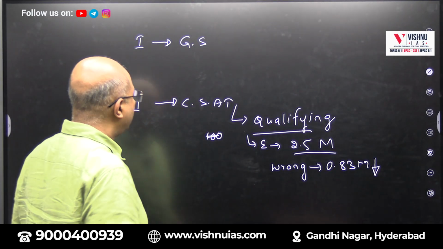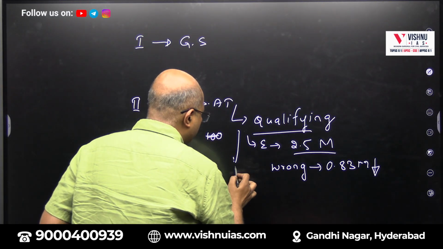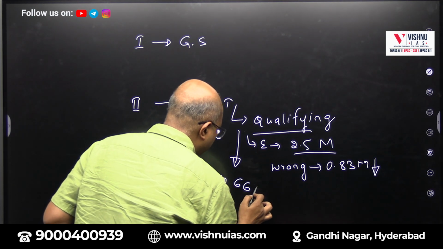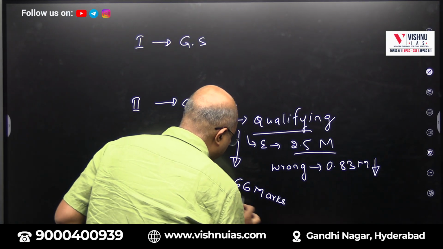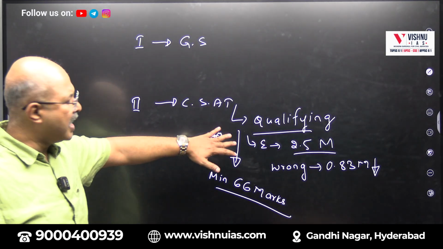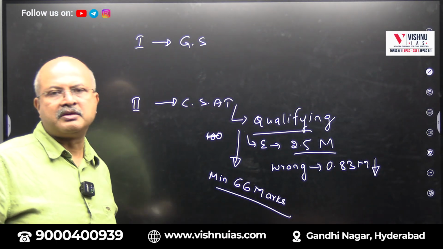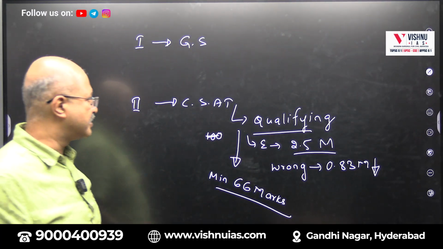Now to have your paper 1 evaluated, you have to score a minimum of 66 marks here. Even though the marks are not taken for merit, yet it is important for them to evaluate your paper 1, that is GS1.